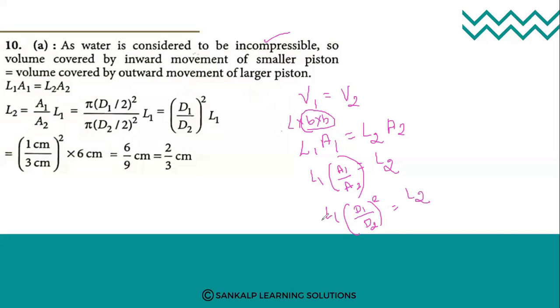Right? So now we can put in the values. L1 is 6 and inside the bracket d1 by d2, the diameter is given as 1 centimeter and this is 3 centimeter. This is my L2 value. So this is 1 upon 3 square. 3 square will be 9, so 9 and 6 gives 2 by 3. Therefore the answer is 2 by 3 centimeter. So it looks simple, but you must know the concept.